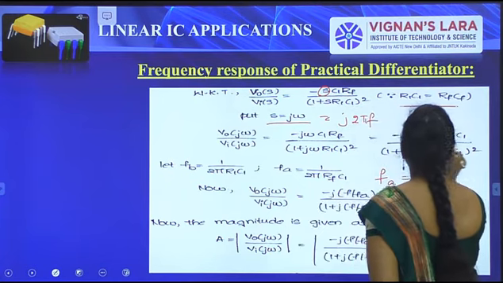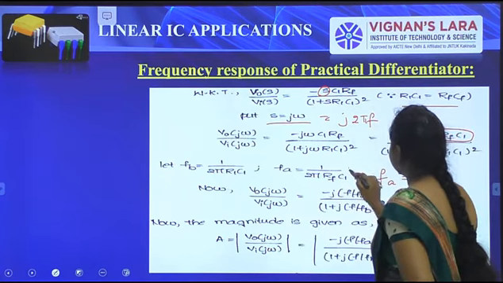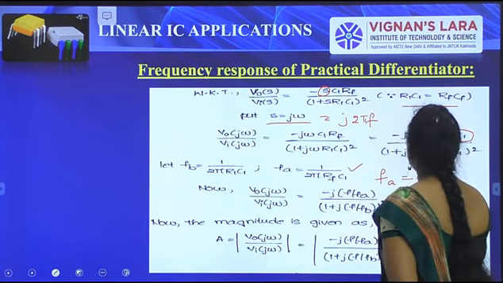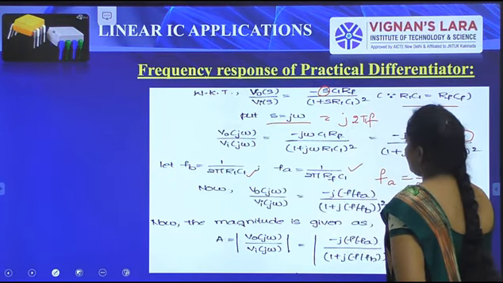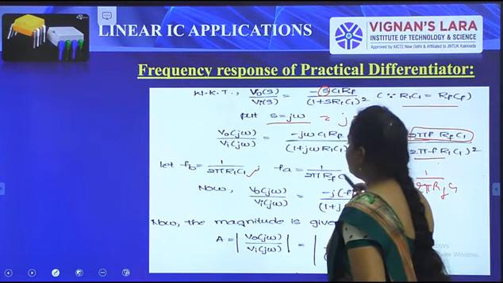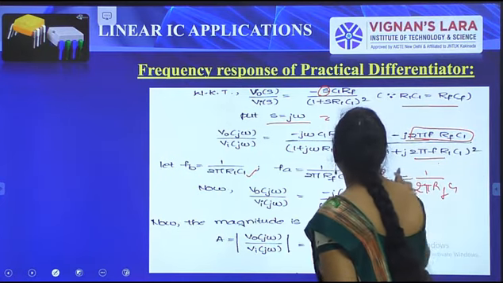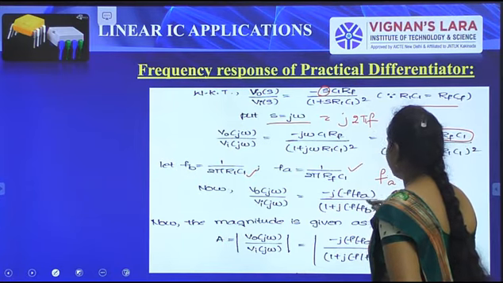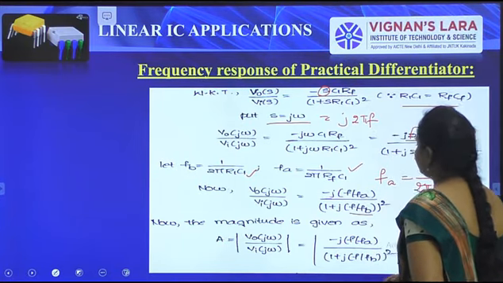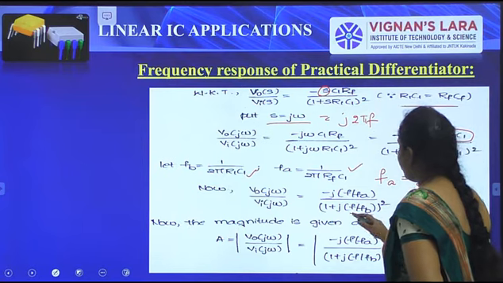In the place of FB we can put 1 by 2 pi R1 C1. So here 1 by 2 pi F R1 C1 is F by FA, and 1 by 2 pi RF C1 is F by FB.